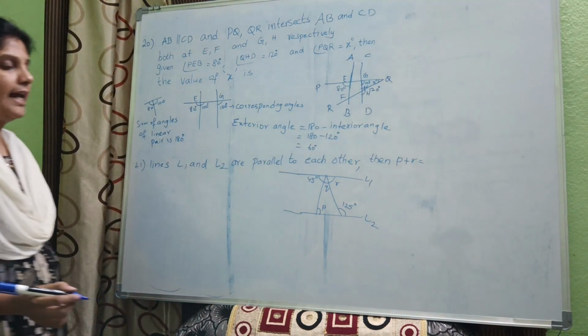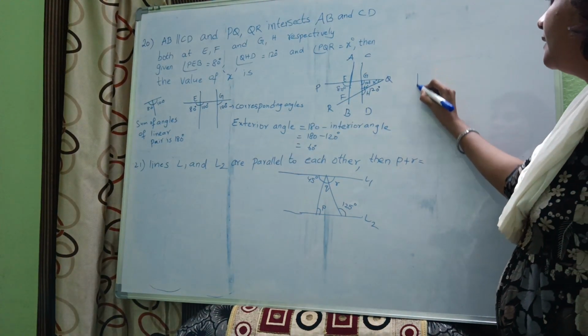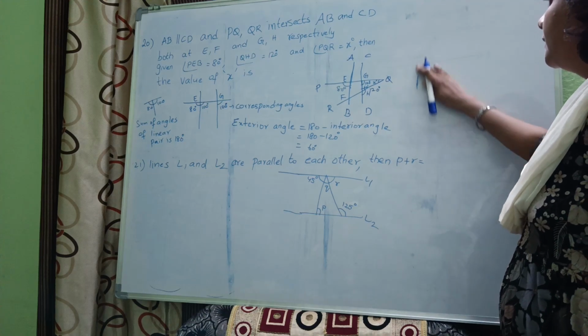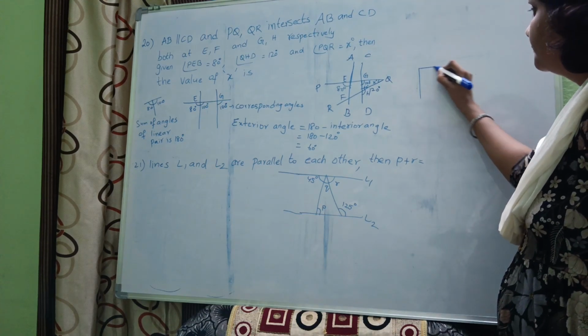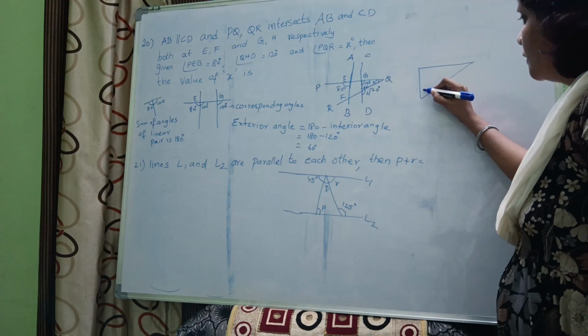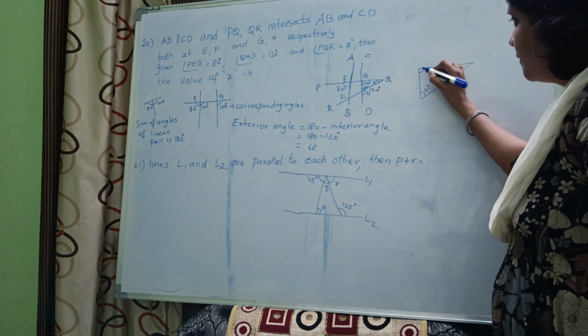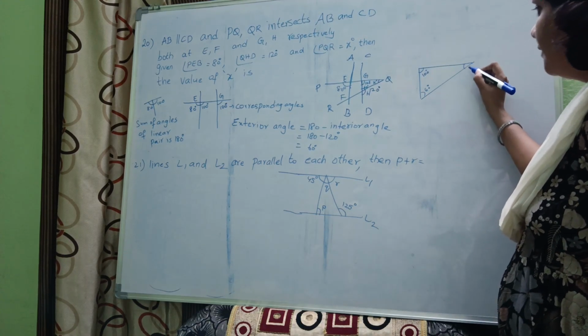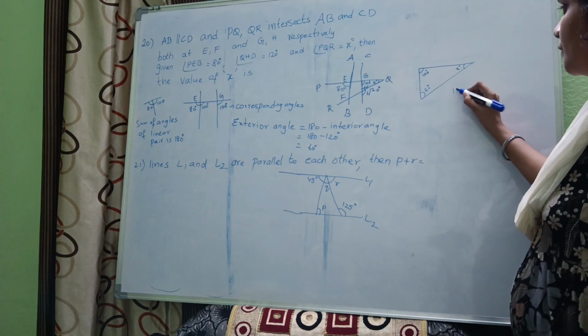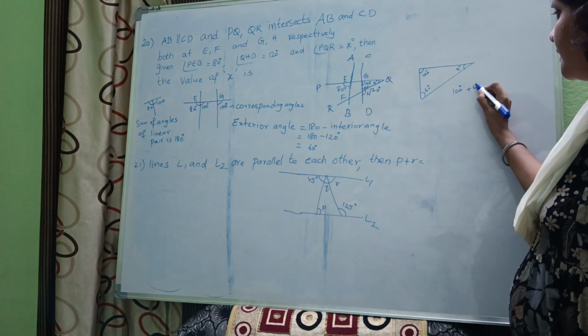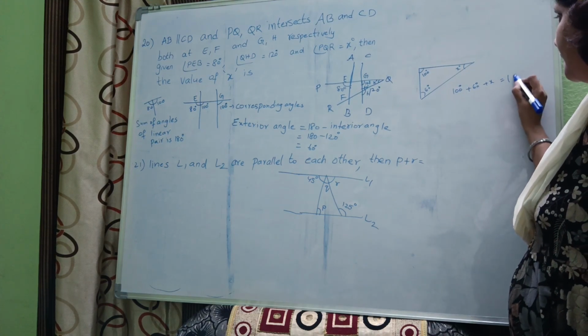Have you observed the triangle here? It is like this. This one we got 60 degrees, this one 100 degrees, and we need to find this x value. So 100 degrees plus 60 degrees plus x is equal to 180 degrees.